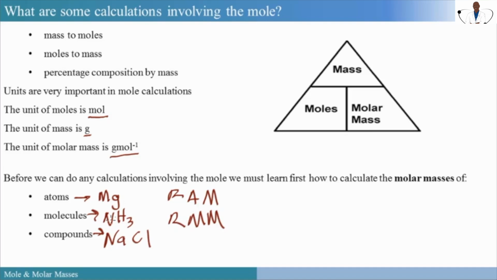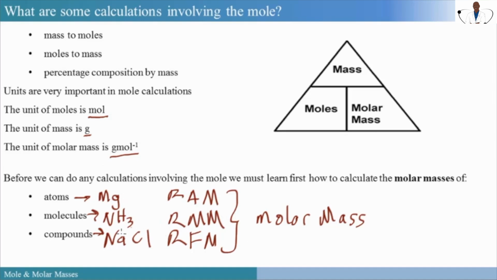So these 3 terms, relative atomic mass, RAM, for an atom, magnesium, relative molecular mass in terms of a molecule, or relative formula mass in terms of an ionic compound, I could replace all of these 3 terms with one term, which is molar mass. So instead of saying, what is the relative atomic mass of magnesium, I could say, what is the molar mass of magnesium?